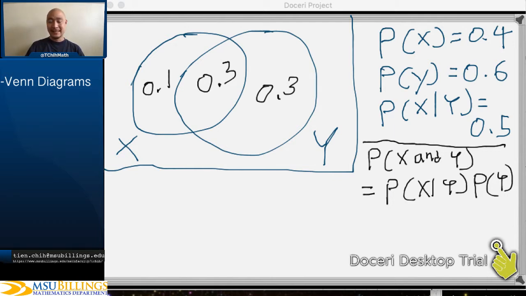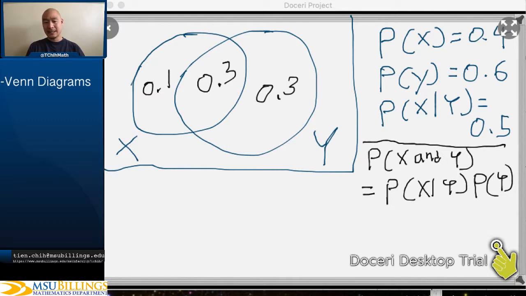And then lastly, who's sitting outside of both circles? There must be some people neither in X nor in Y. Well, what's in X or Y? 0.1, 0.3, 0.3, the total area here, or the total proportion here, is 70% or 0.7.